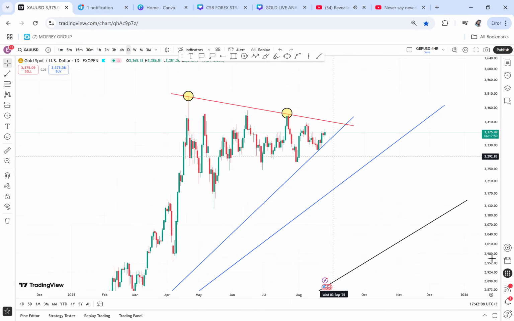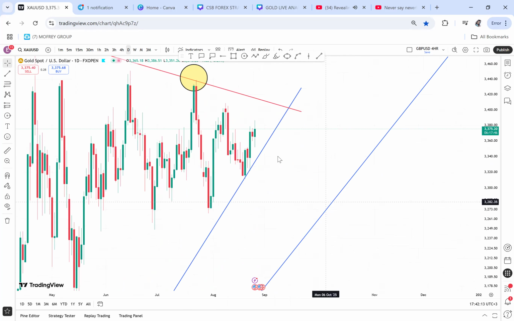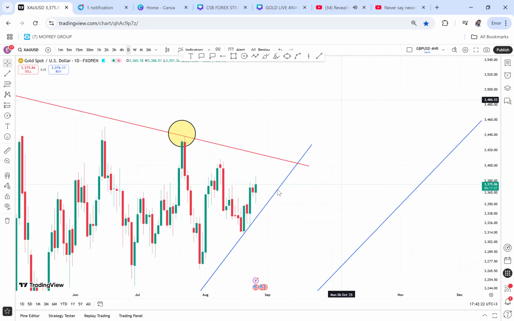I can still squeeze it. Not even squeeze, I still have some room to show you that we are almost breaking. So where the market is currently, this is gold, we are about to break.